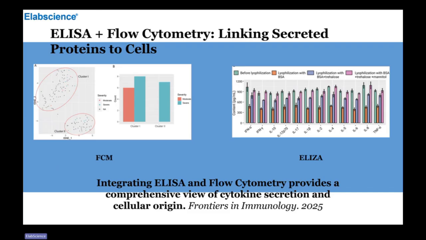This multi-assay approach provides a comprehensive understanding of biological processes, which strengthens the confidence in findings and ensures results that are robust and publication ready, and most importantly, translationally relevant.